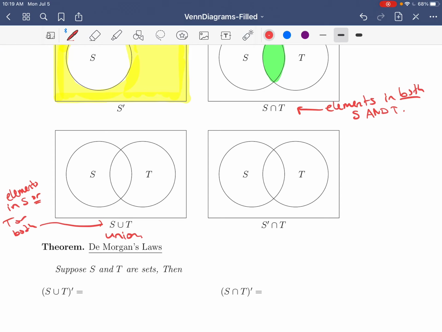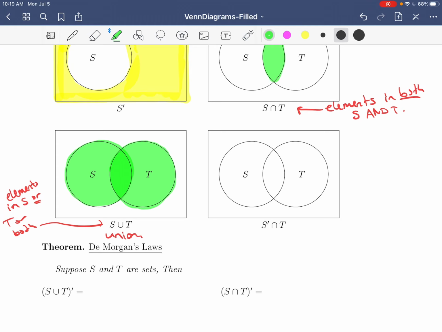So when you're doing these shadings, often people find the union harder, but it should actually be easier because you want to take anything that's in S. So we can start by shading everything in S. We don't have to worry about overlap here or overcounting, because basically everything that's in the union is in S or T or both. So I want to shade everything in S and also shade everything in T. And that's going to represent the union, S union T.